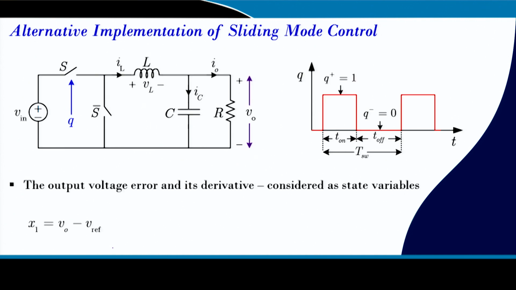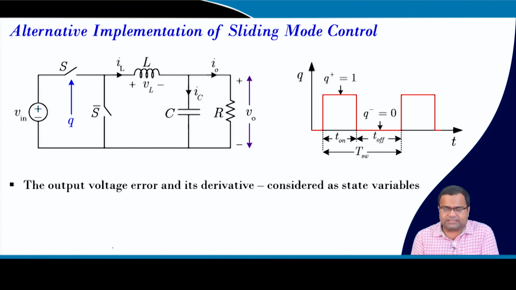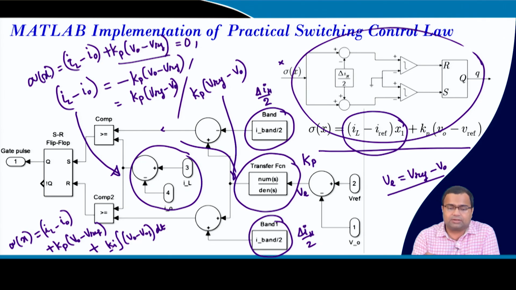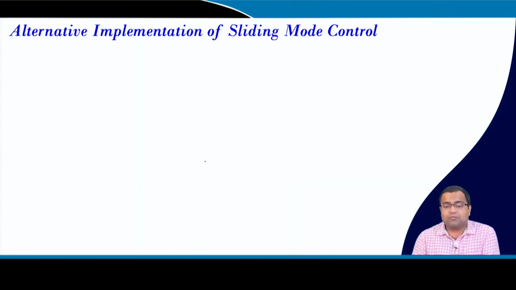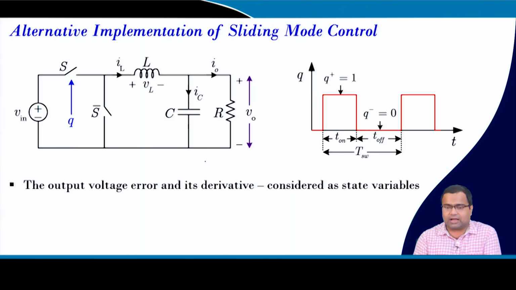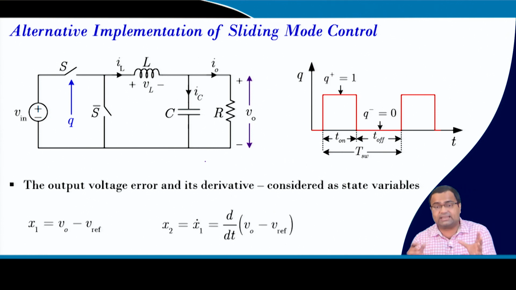Alternative way, if you go back to the sliding mode control using voltage and the derivative of the voltage. In the earlier realization, we needed load current information as well as the inductor current information. But now, we want to get rid of these, we do not need to sense load current and inductor current.